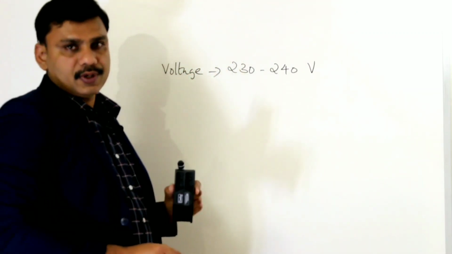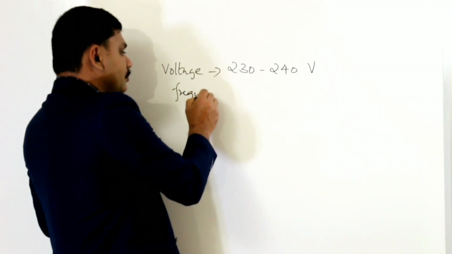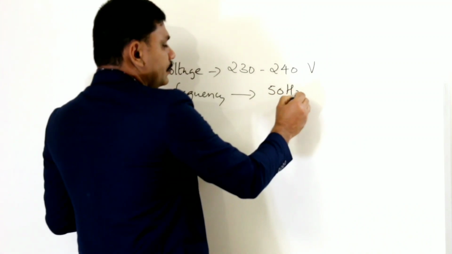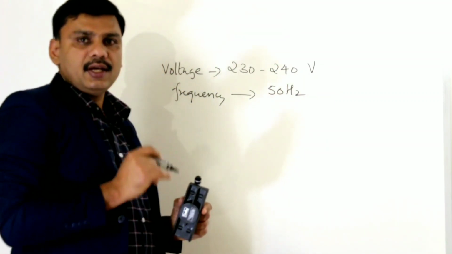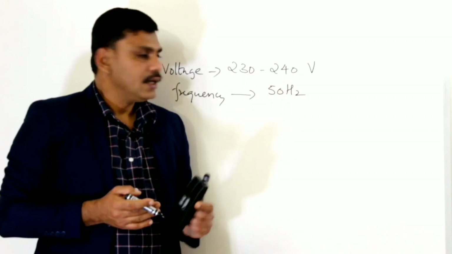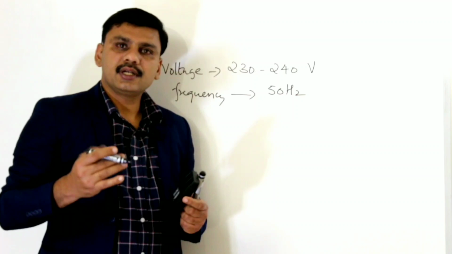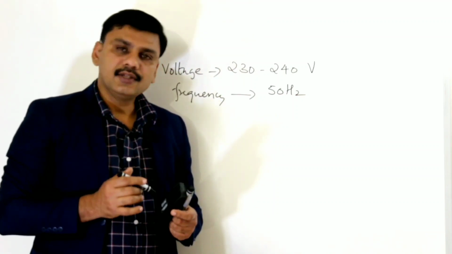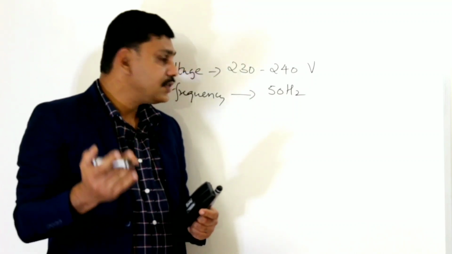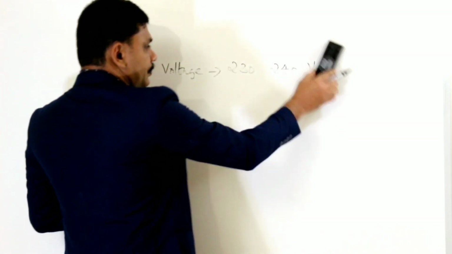Then, what is the frequency used here? It is 50 Hertz. The frequency of the electricity you are using is 50 Hertz. So voltage normally is 230 to 240 volts, and the frequency is 50 Hertz. These numbers you must remember.